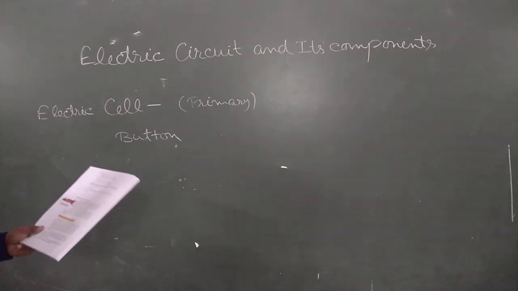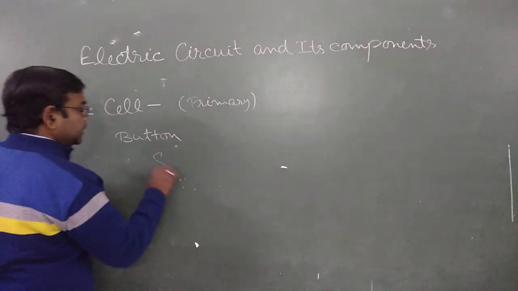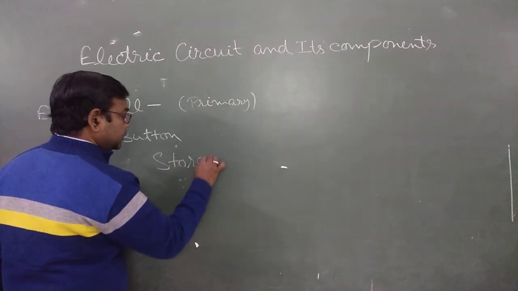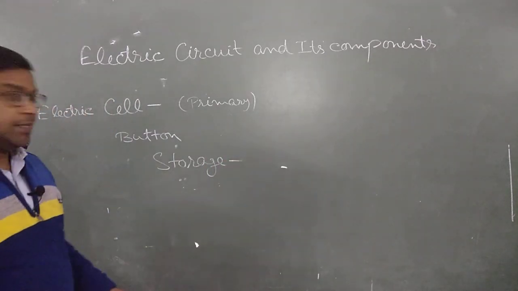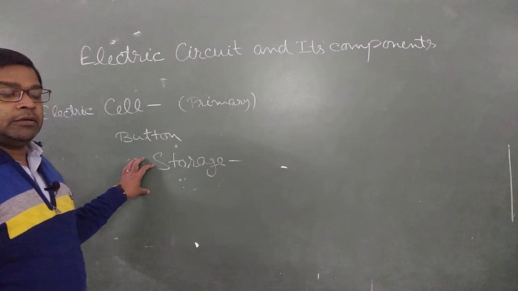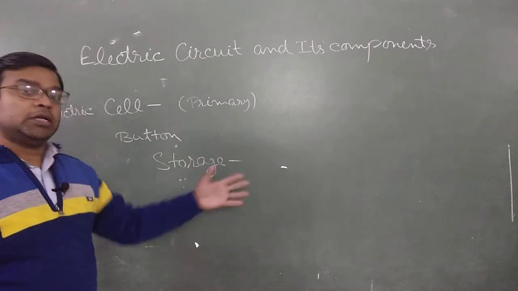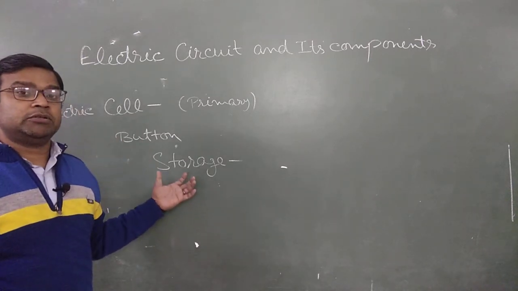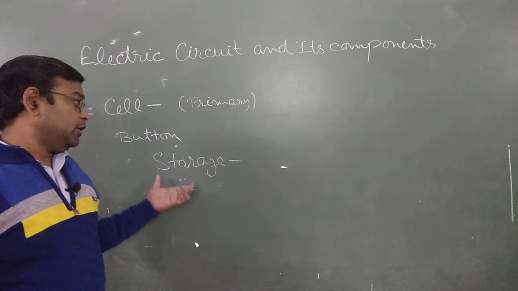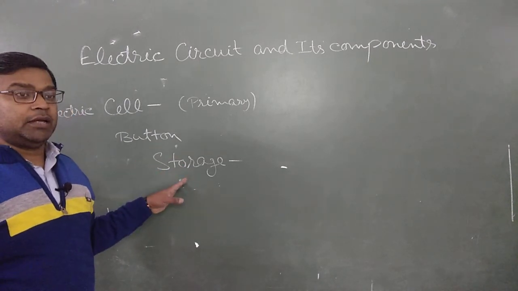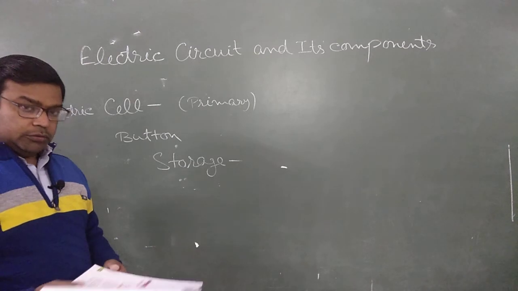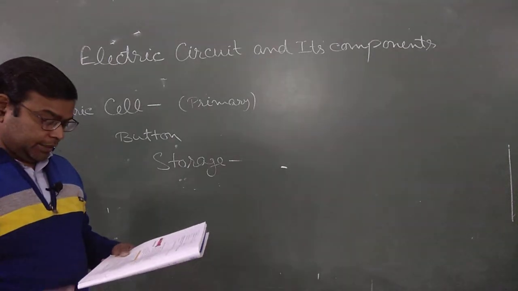There are some storage cells which need some charges like inverter. We can store electric current easily in those large cells. Those are actually not cells, they are actually battery. They are storage cell. We store the charge by charging them, and then later we receive the current.